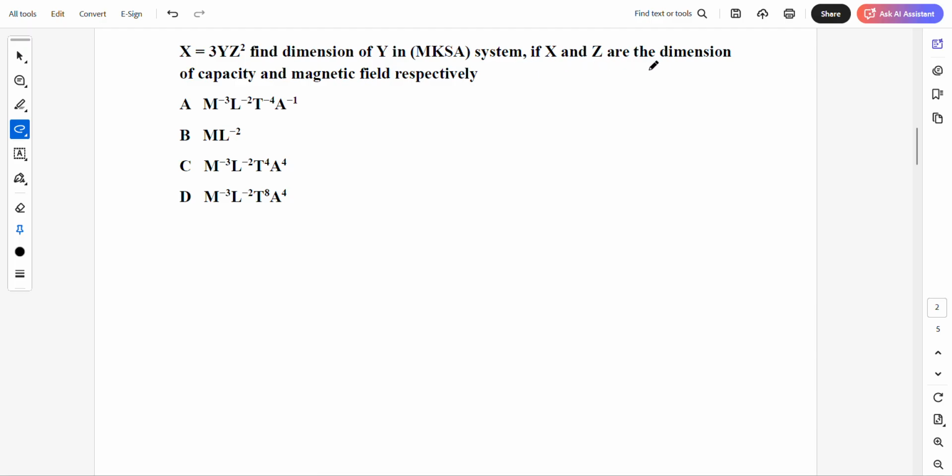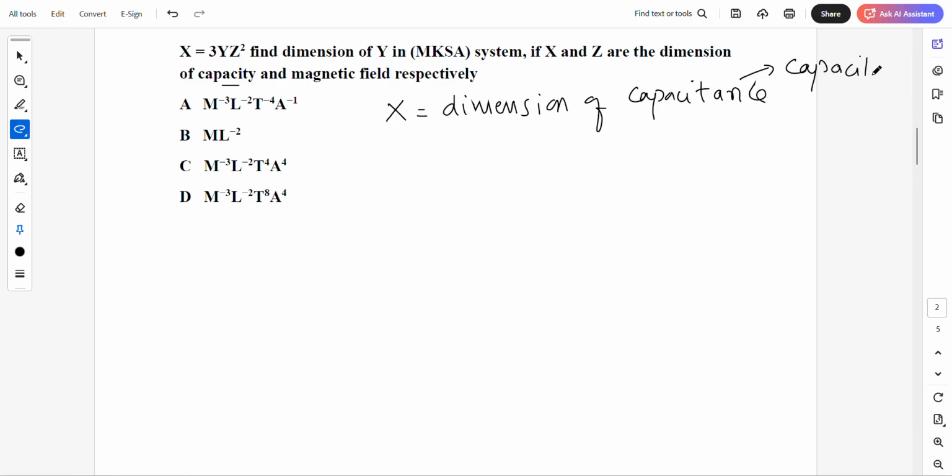If x and z are the dimensions of capacity, okay, x is the dimension of capacitance, and here they have given capacity.